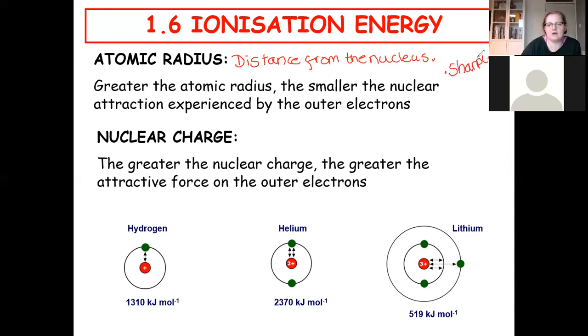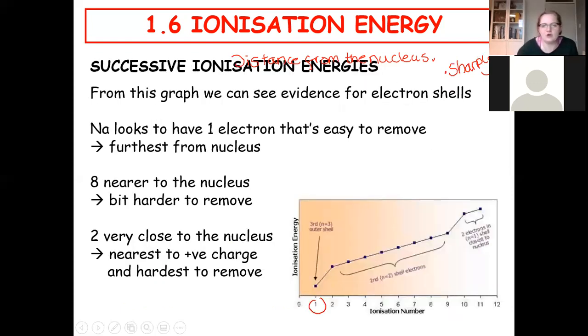So if we go back here and look, these are those sharp increases. We're going from this shell to that one. So that's our atomic radius, so we're actually talking about the distance from a nucleus. Within one shell, the distance is the same. And we're talking about the distance from the third shell, second shell, first shell to the nucleus. So we have these sharp increases. You can see it really clearly on this graph.